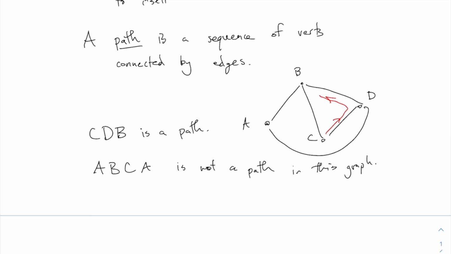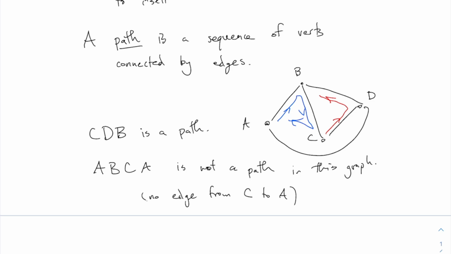Why not? Because if I try to trace along there, you will see A, B, C, A, like that, right? But there is no edge from C to A, so that's actually not allowed in this graph. This is not a path in this graph. It's because there's no edge from C to A, all right?